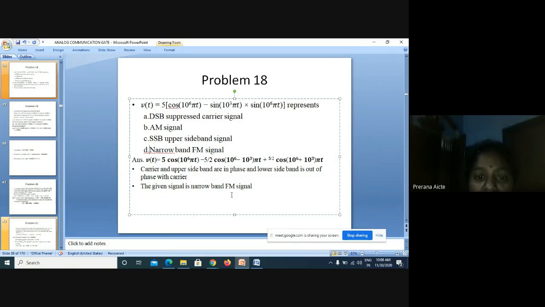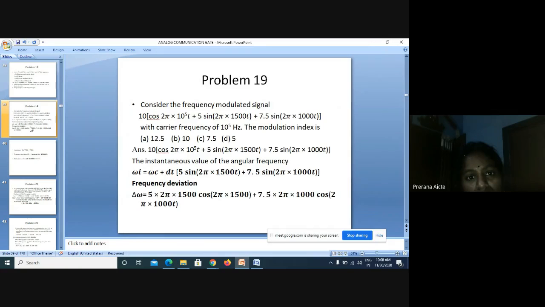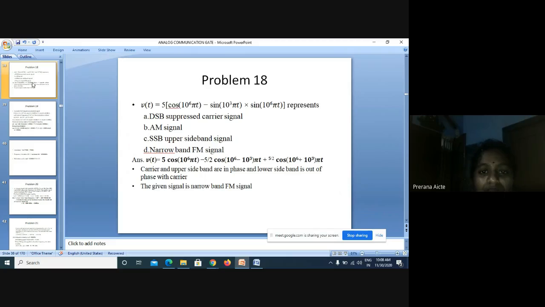Hence, the given expression is a signal modulated using narrowband FM. Are you able to follow this? Okay.